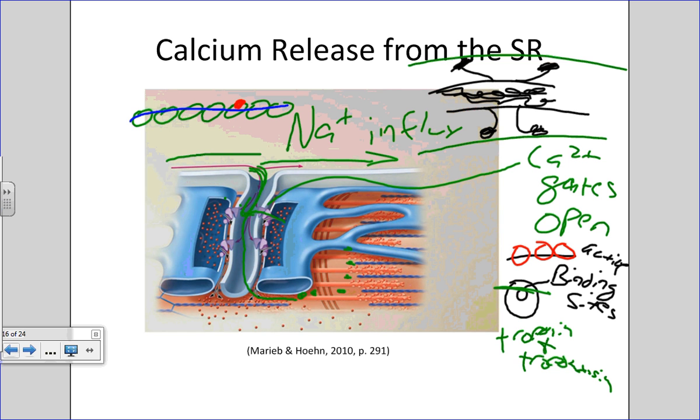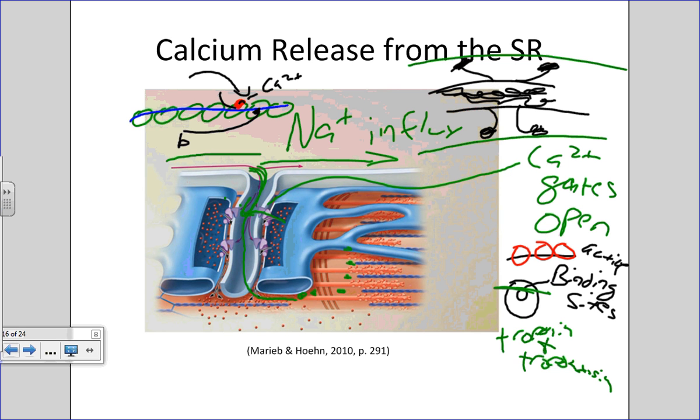Essentially what's going to happen is, as calcium diffuses down into the sarcomere, that calcium is going to bind with troponin. That's going to cause troponin to take on a conformational change. It's going to twist and coil in a different shape, and that will make tropomyosin unwind and uncoil off of those active binding sites.